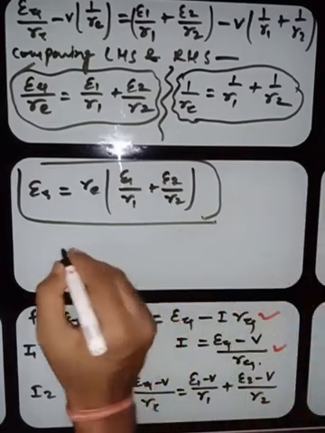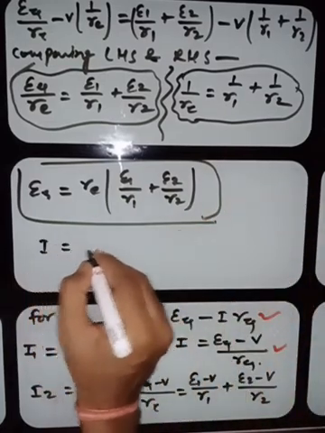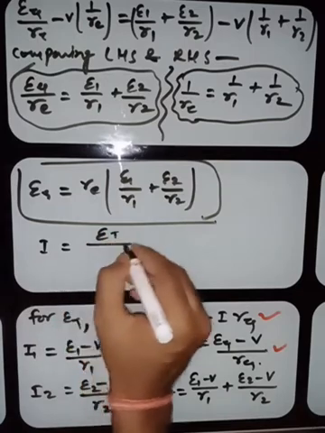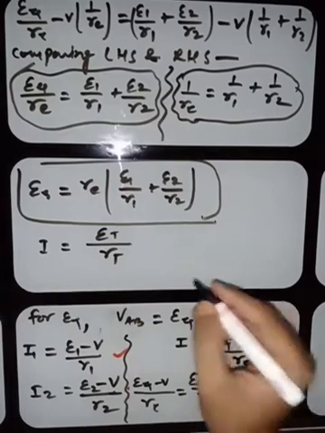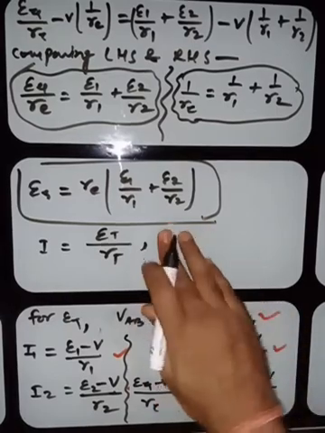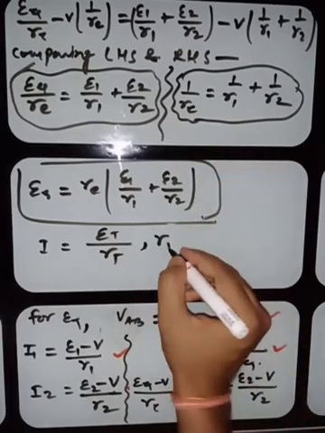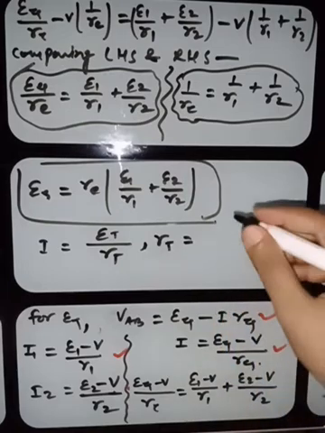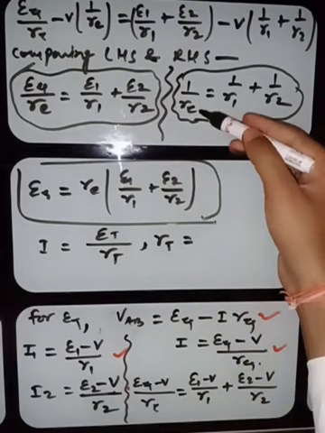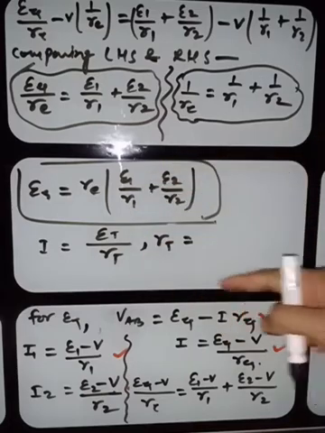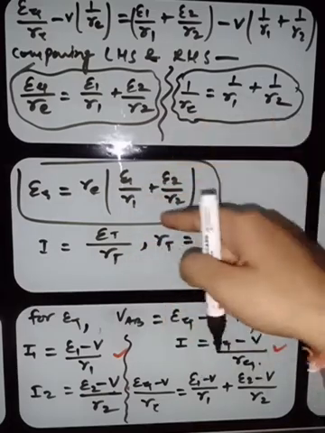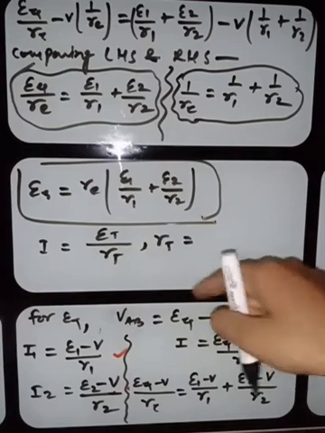So you will write the current as I is equal to E total by R total. What is R total? The R total of the circuit is the equivalent resistance plus, in the total equivalent circuit there was a resistance in series also, na?